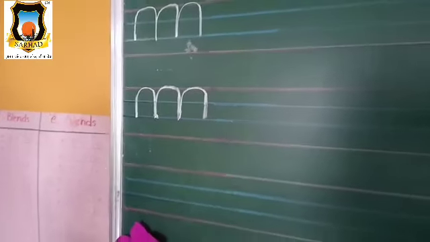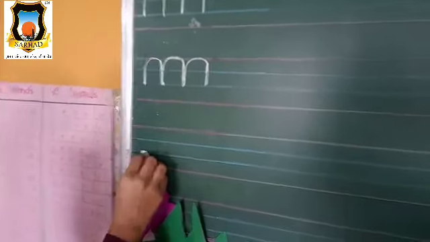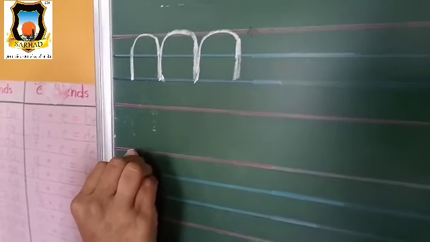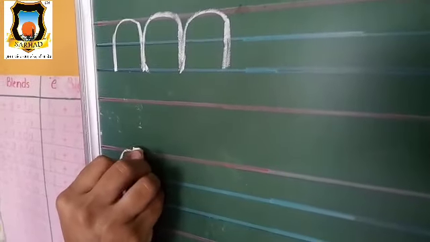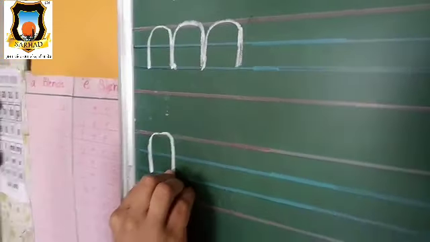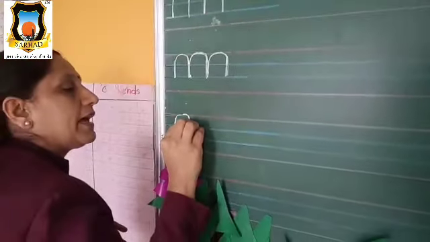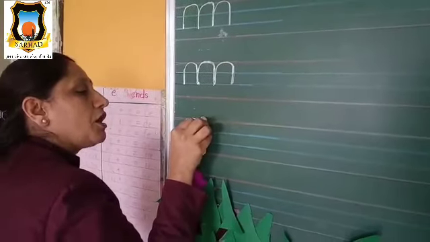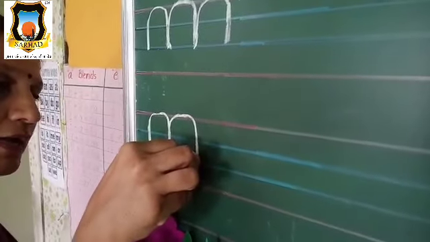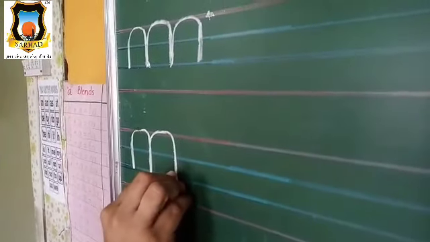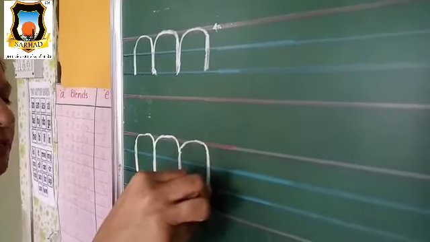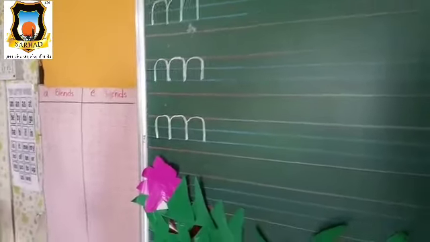This is a Humpty line. Very good. Draw a hump like this, touch on this red line, draw a hump, go down straight, touch on the second blue line, go on the same line, draw a hump, touch on the red line and again touch on this second blue line. Again go up, draw a hump and touch on the second blue line. This is a Humpty line.